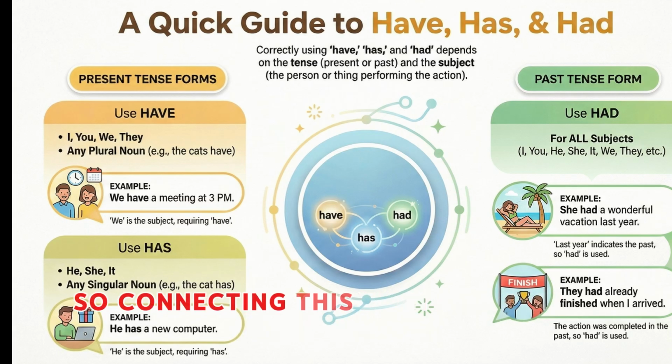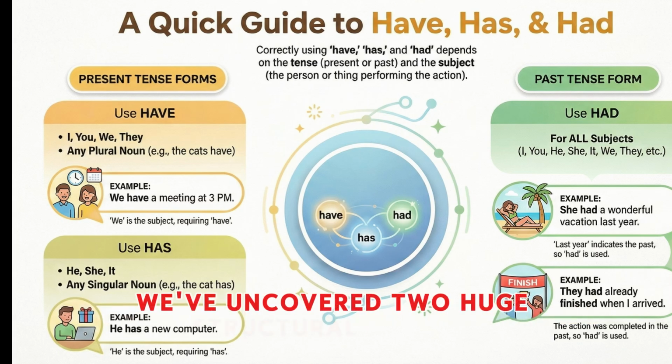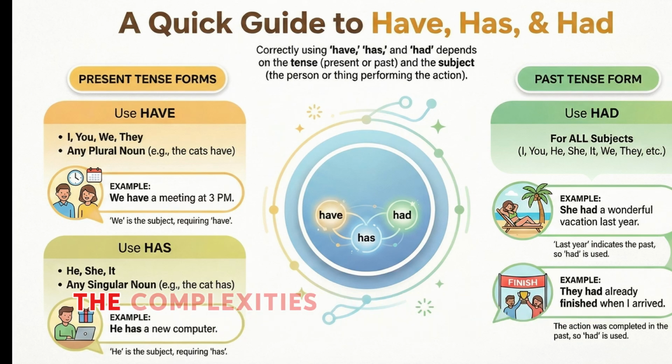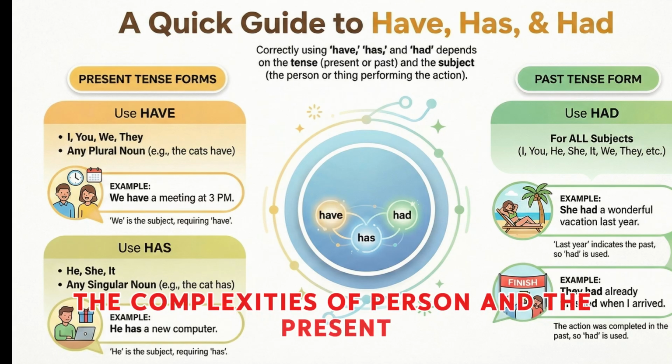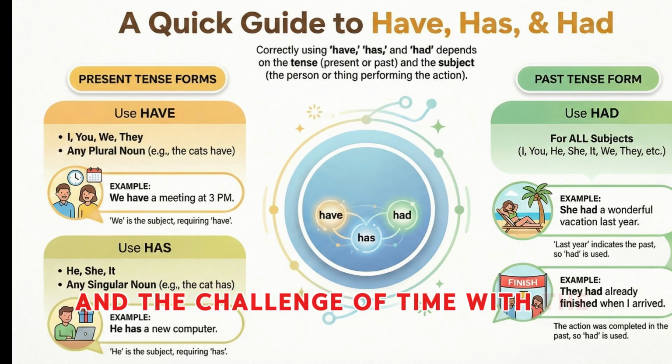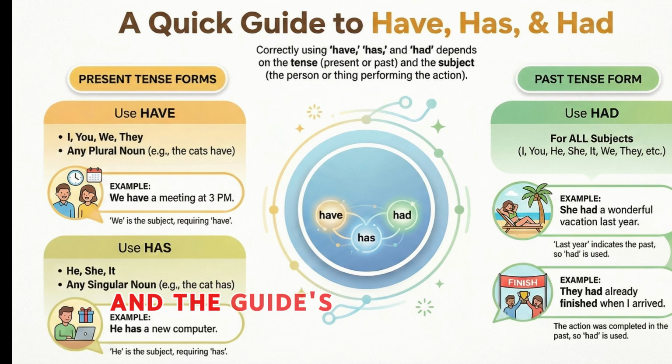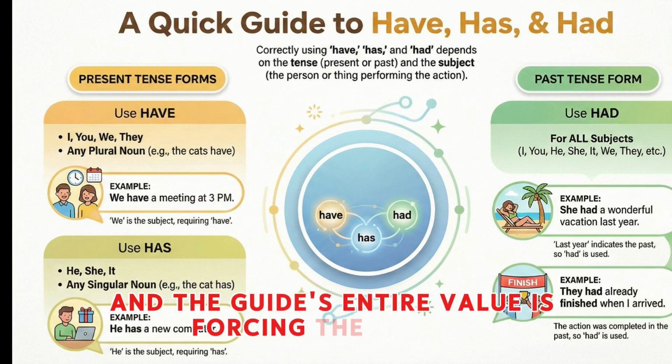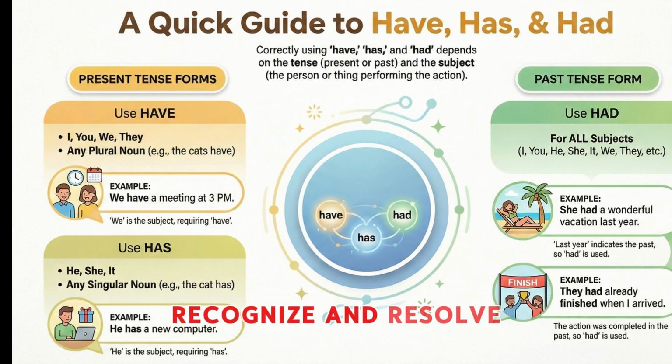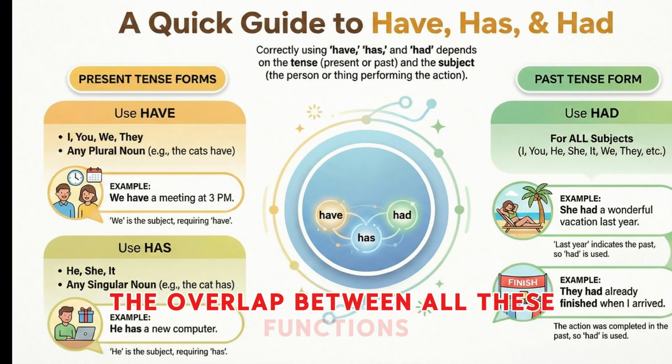So, connecting this all back to the big picture, we started with three simple words. We've uncovered two huge structural hurdles: the complexities of person in the present and the challenge of time with the past perfect. And the guide's entire value is forcing the user to recognize and resolve the overlap between all these functions.